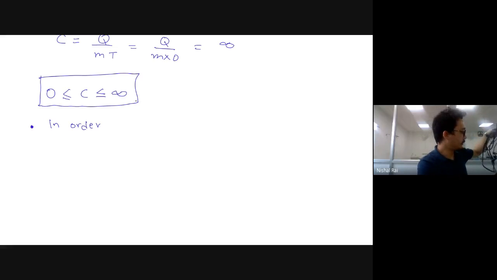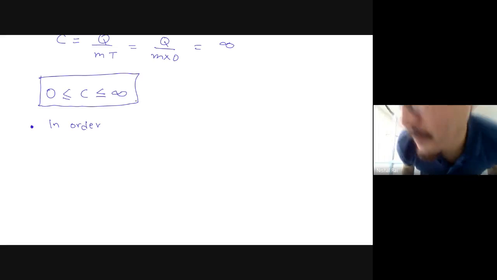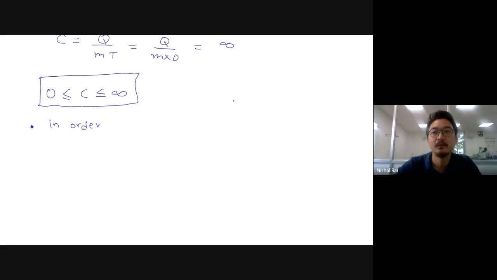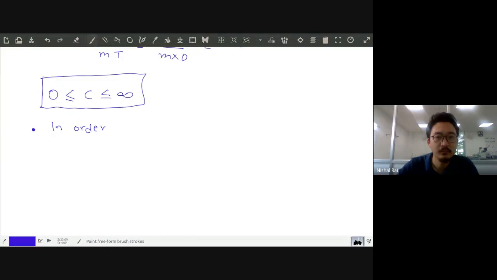For a specific heat to have any value. Deepika, is this a problem? Rita, is this a problem? Is Sudhakar there? Is this a problem or not? For a specific heat to have any value.